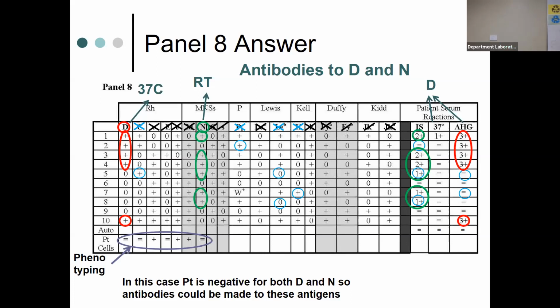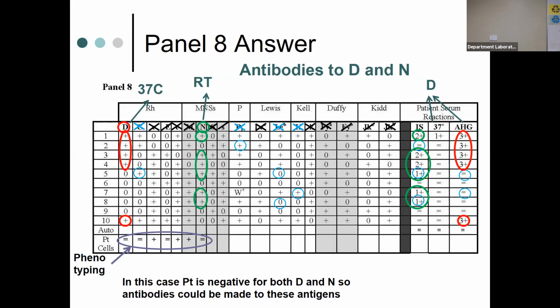So if you notice our reactions that are at initial spin, your pattern of reactivity matches which antigen present on your panel cells? Big N, all right? And N is a common IgM antibody that typically reacts at initial spin, okay?